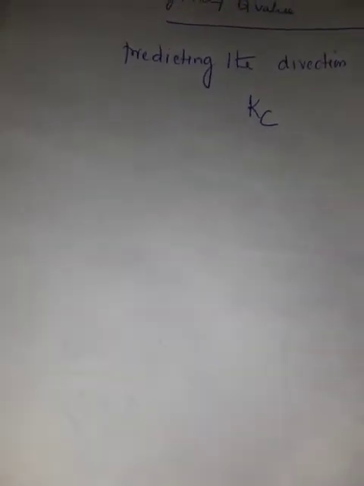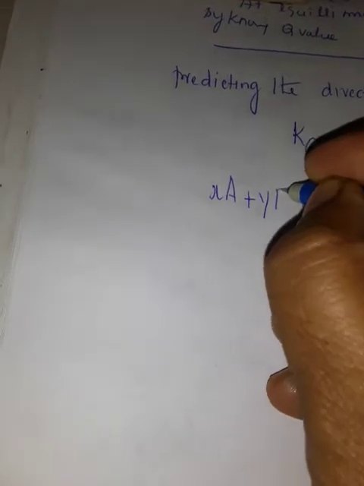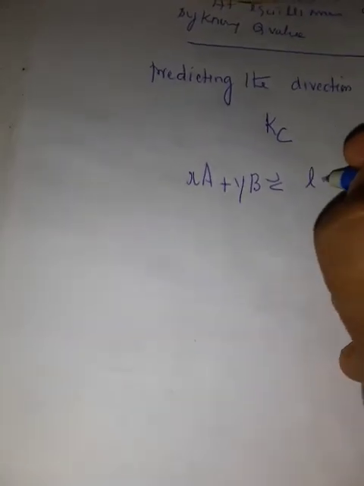Consider a general homogeneous reversible reaction. Homo means same: all the reactants and products are in the same phase. For example, xA plus yB giving lC plus mD.